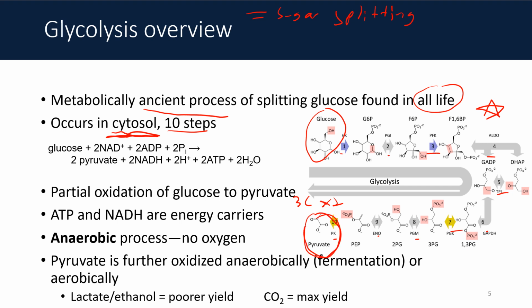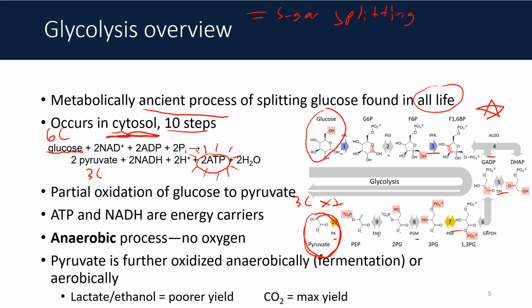In doing so, in this conversion of the 6-carbon glucose to two 3-carbon pyruvates, we will be generating 2 equivalents of ATP, cellular energy, for immediate use. Not a lot, but not nothing.